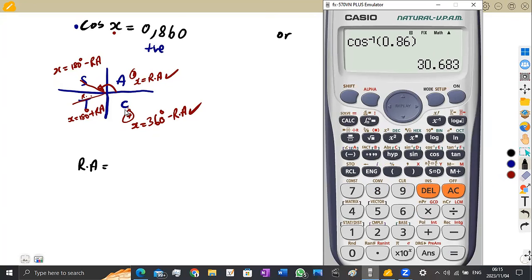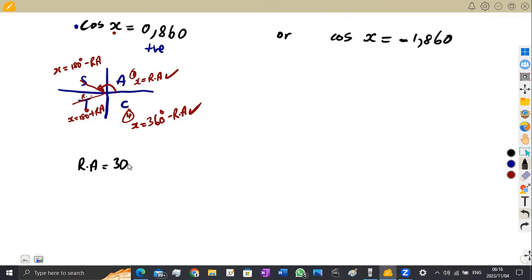You use this value as you just take as a positive, even if it was a negative here. The negative is the one that is described by the quadrants. Here you just take positive values only. So you're going to have 30.683. So that will be 30.683 degrees. That is our reference angle in this case.